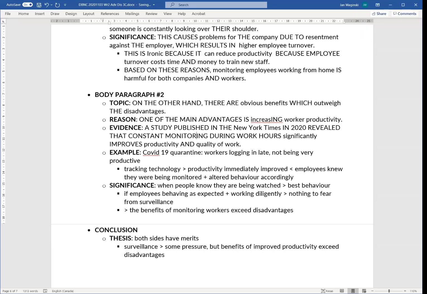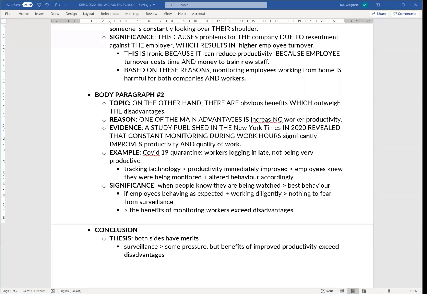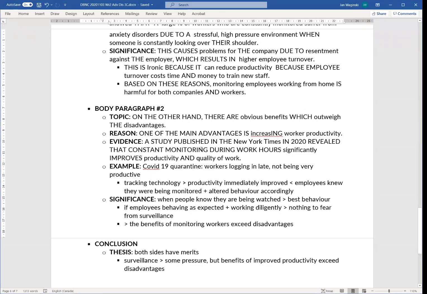What's missing from our study? What's missing? It's the connection to the prompt. It's this idea that it's like constant tracking software that workers are working from home, right? You can make it a little bit more explicit, but overall it's fine.